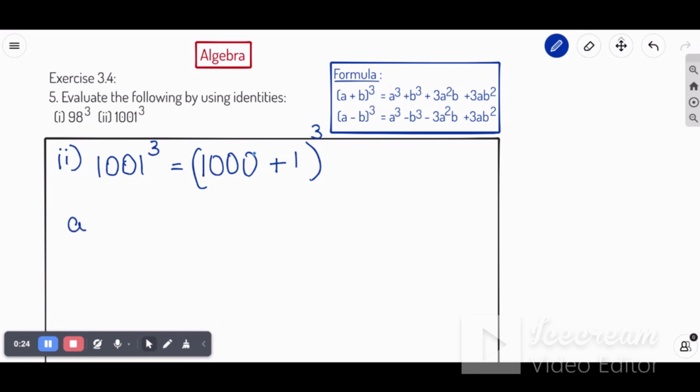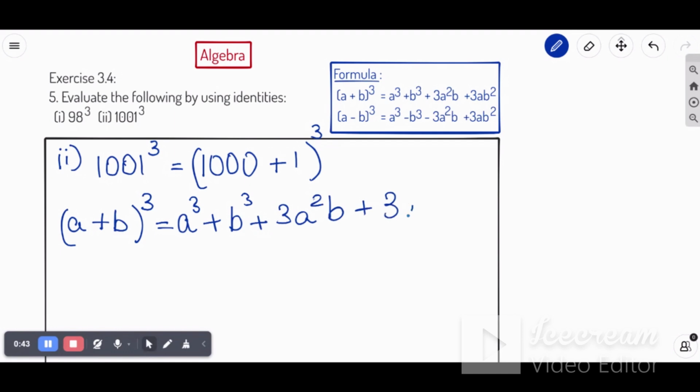If you see, a plus b the whole cube formula is here. Anyways, we can write it again. A plus b the whole cube is equal to a cube plus b cube plus 3ab. Here everything is plus. So put it plus and write it 3a square b plus 3ab square.